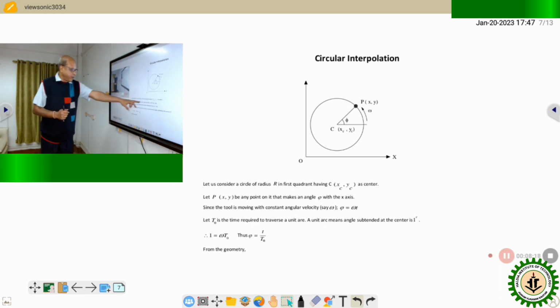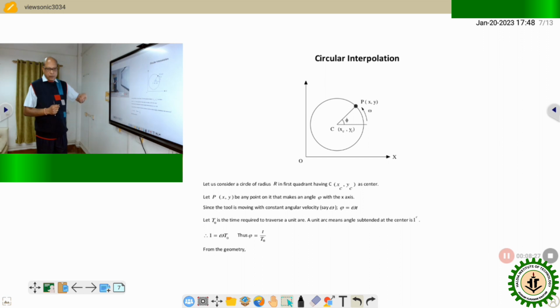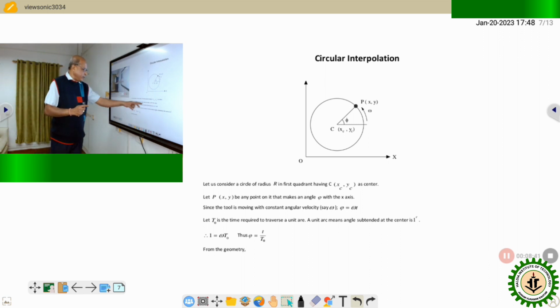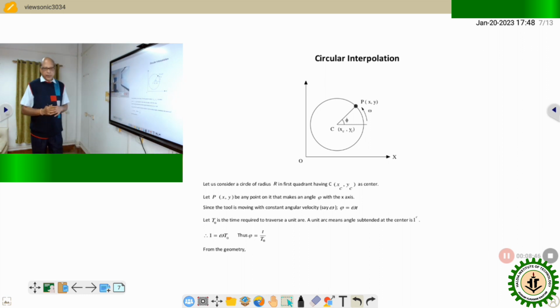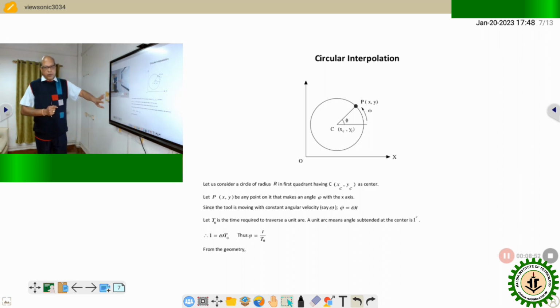But when we consider the same thing for 1 radian angular movement or unit arc generation, we can write 1 equal to omega t0, where t0 is the corresponding time for generation of the unit arc. By combining these two equations and eliminating omega, we get phi equal to small t by capital T0. Mind that T0 is a constant, assuming a particular value associated with the generation of the unit arc, whereas small t is variable.